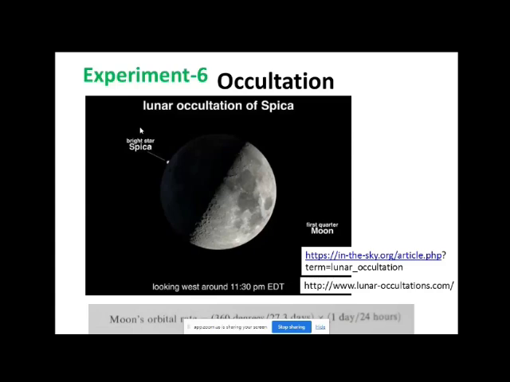Actually the moon is 0.5 degree and the moon's orbital rate is 0.56 degree per hour, so many occultations take near about 1 hour. We can measure this from our home, and for this event we do not need any special equipment, just a small telescope, 70 mm, 80 mm or 90 mm reflector.